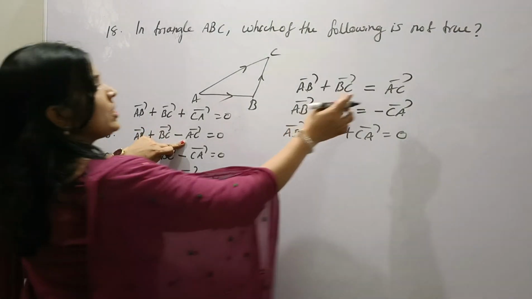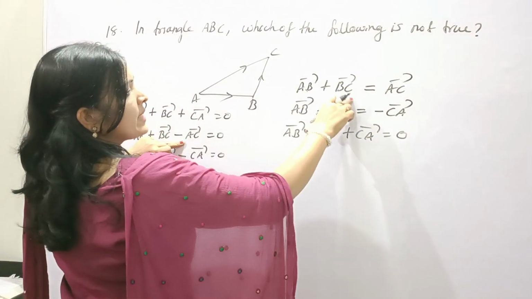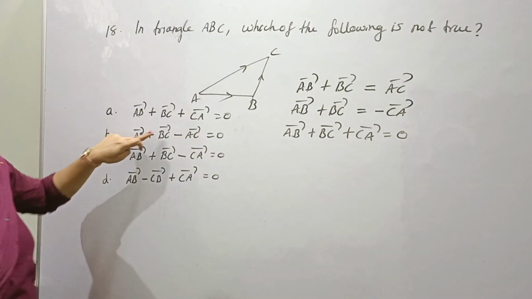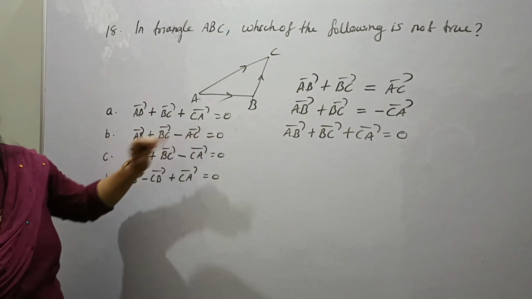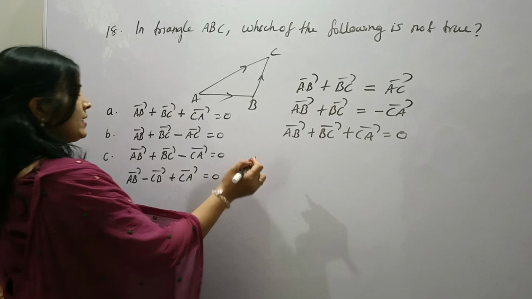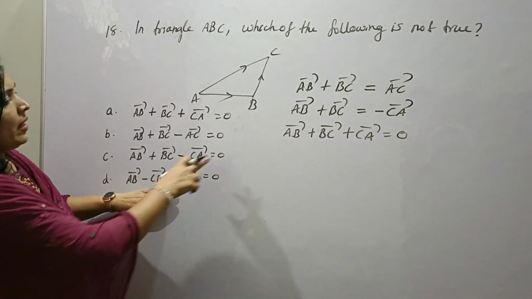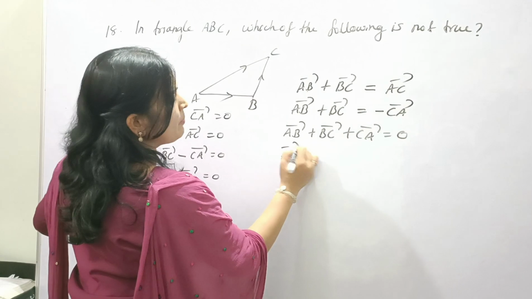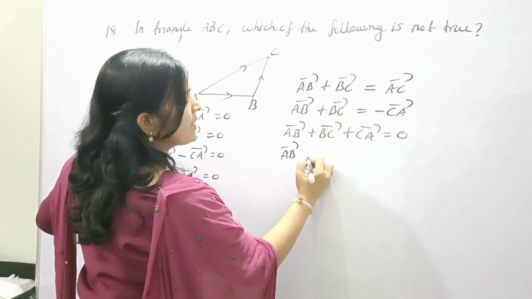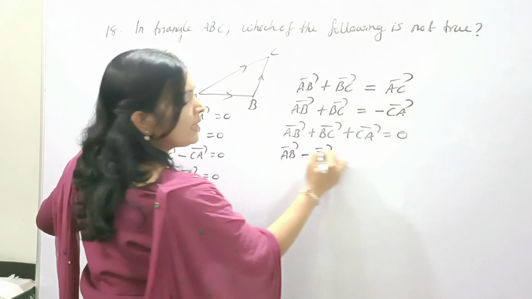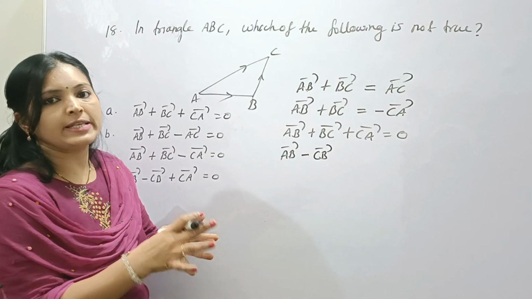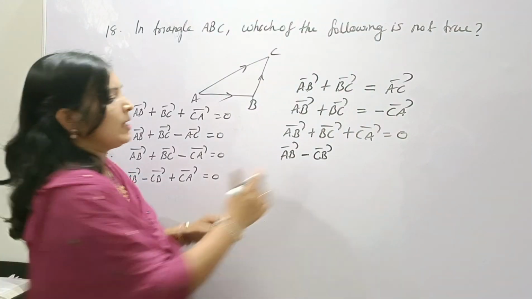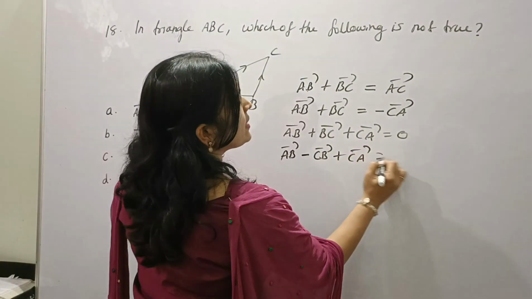And this one, see, if you take this vector AC to the left side, it will be vector AB plus vector BC minus vector AC is equal to 0. And next, vector BC can be written as minus vector CB, so vector AB minus vector CB plus vector CA is equal to 0.